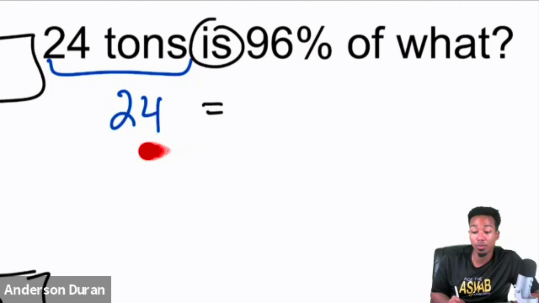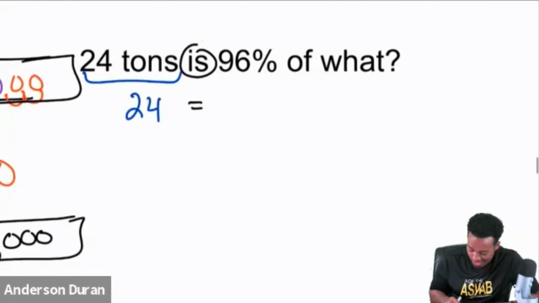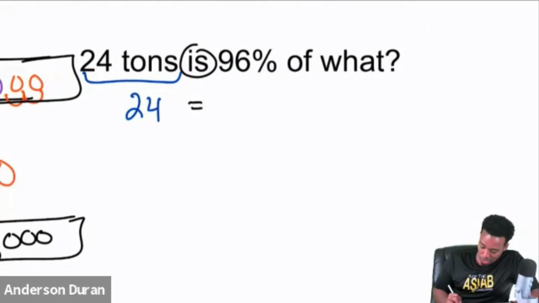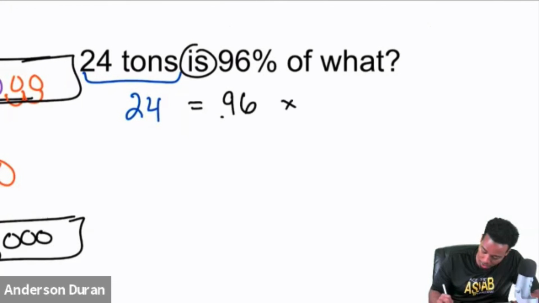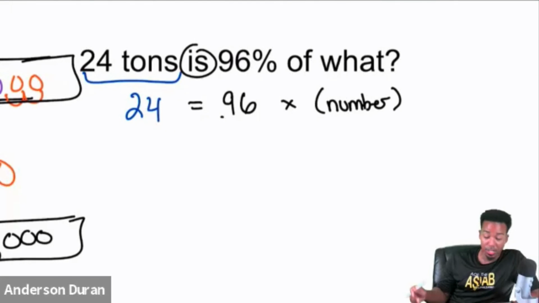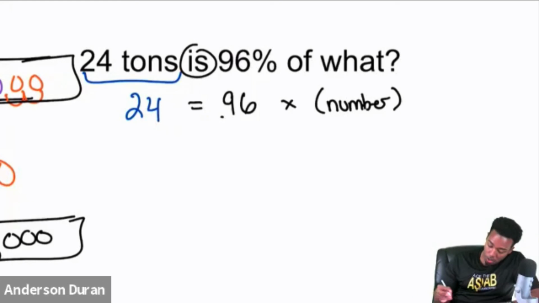So if we already have the result, we're working backwards, right? If we already have the result, we are working backwards. And so with that said, what we need to do here is work backwards, divide by that 96% on both sides. And that's exactly what we're going to do. So here we go. We're going to divide both sides by that 0.96.